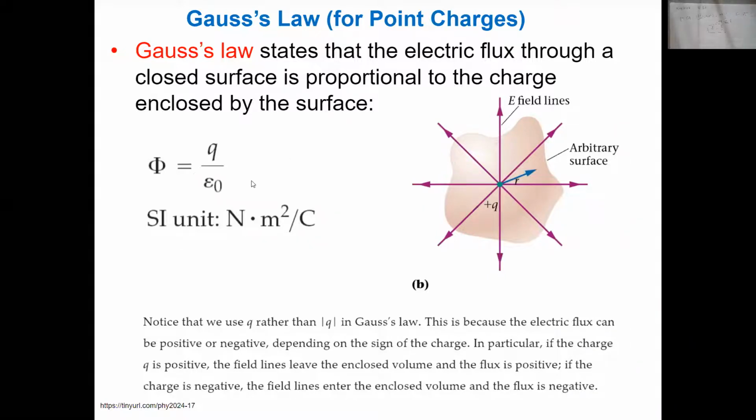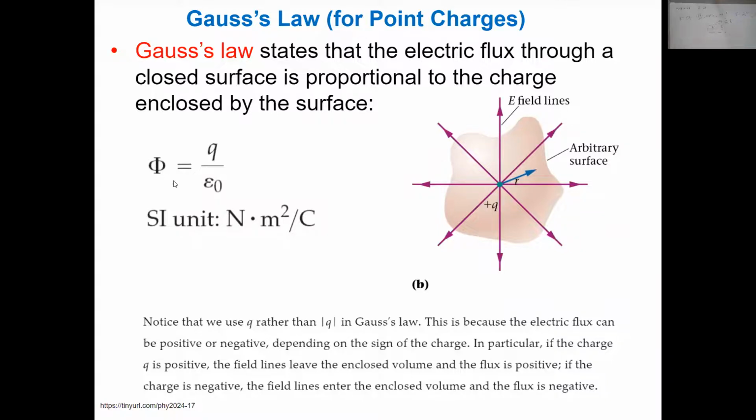Now, you can see here we use Q instead of the absolute value of Q. That's because for positive Q, the electric field goes outward, leaving the surface, so you have positive flux. For a negative charge, the electric field will point inward, going into the body, so you will have negative flux. So we just use Q because that is consistent with the sign of the flux.